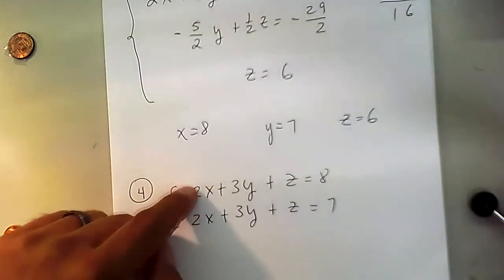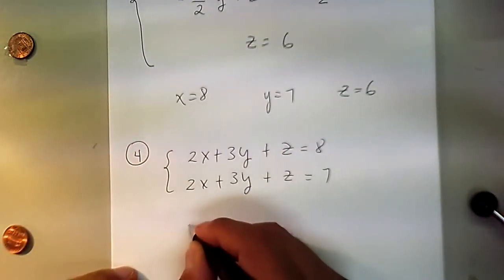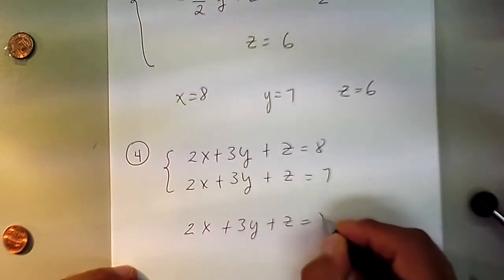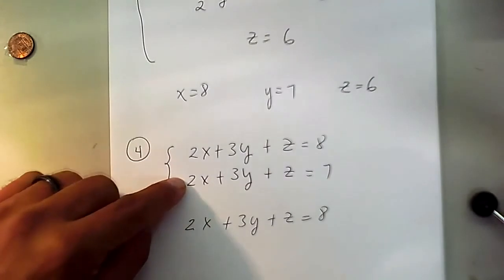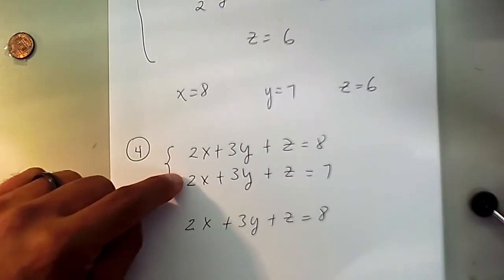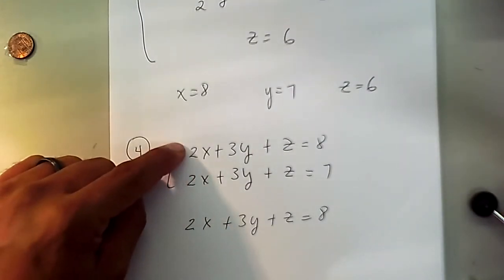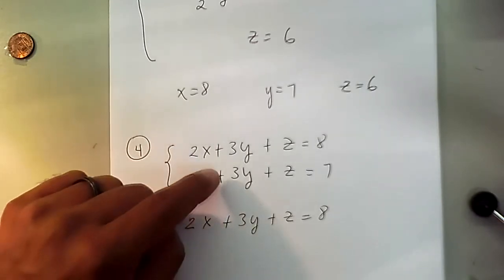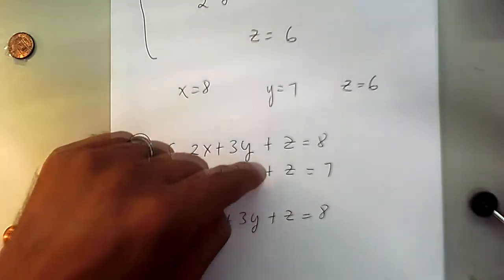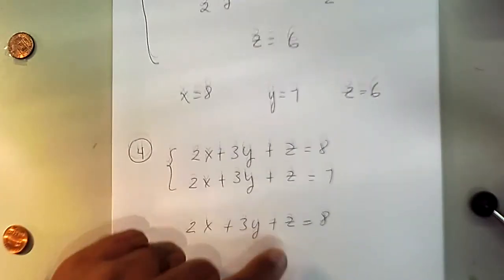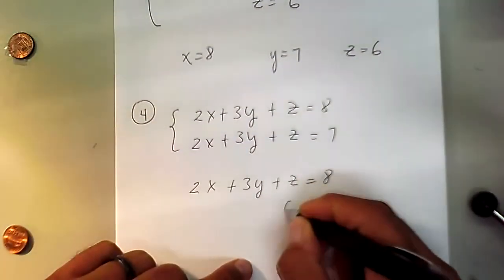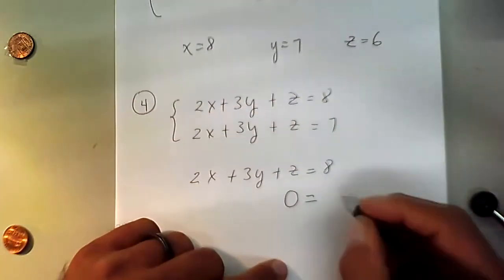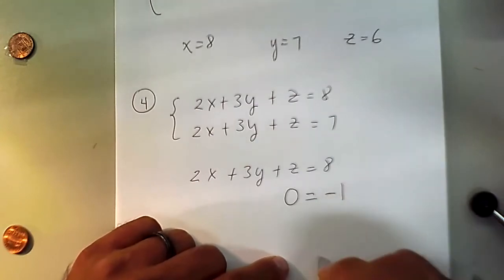So if we want to eliminate the x, we end up with, let me write down the first row as is, and then the second row will be subtracting that row minus the first row because the coefficients already match. So 2 minus 2, no x. 3 minus 3, no y. Z minus z, no z. So we end up with 0 equals 7 minus 8, negative 1.